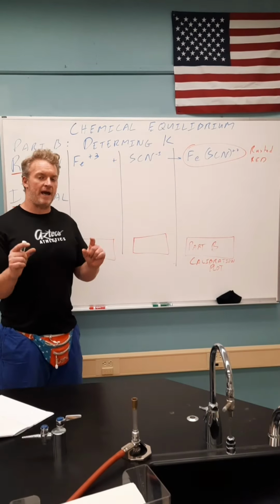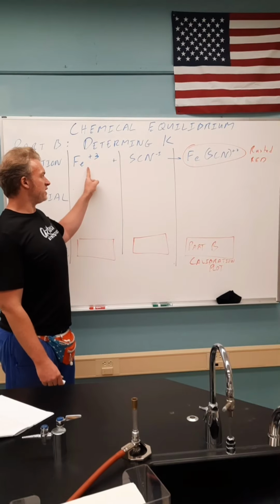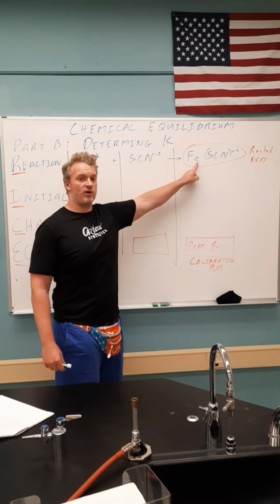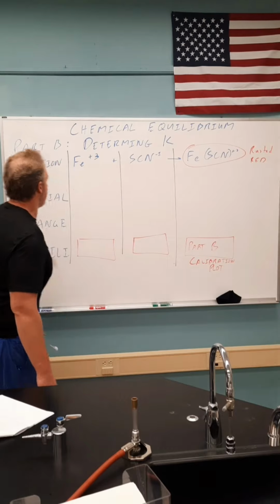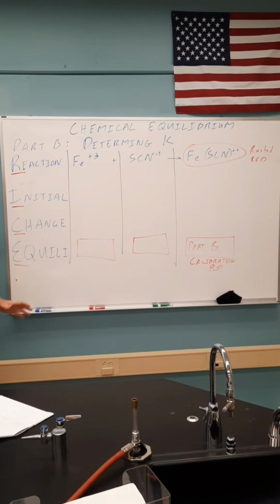For calculating capital K, we need to know the equilibrium concentrations of our reactants and products. A RICE table is a way to organize your thoughts. Please pay close attention. Reaction, initial molarity, the change in molarity, and the equilibrium molarity, the equilibrium at the end of the day.